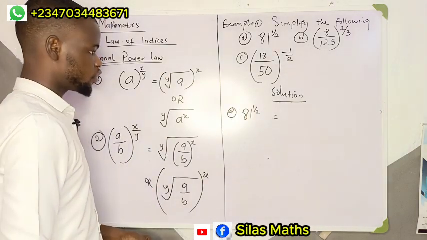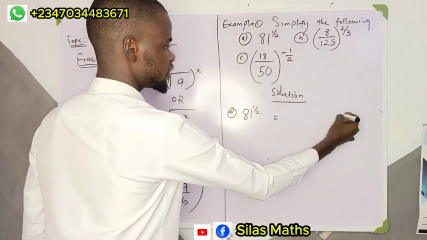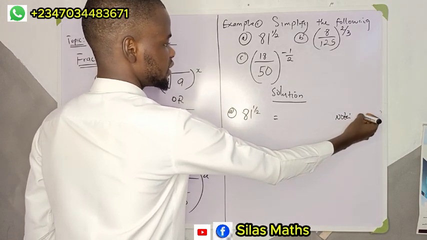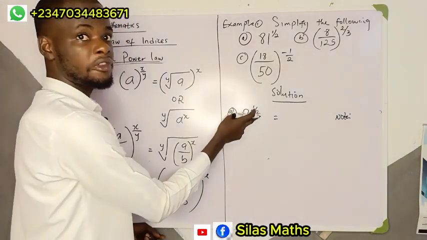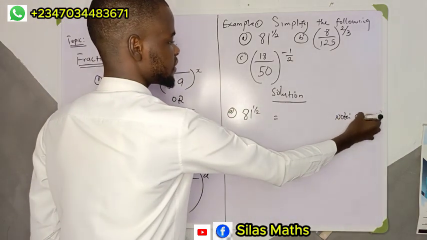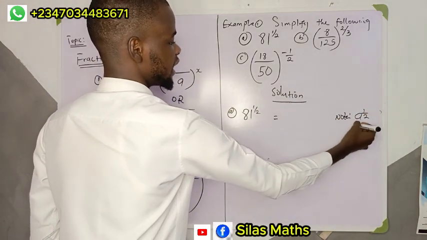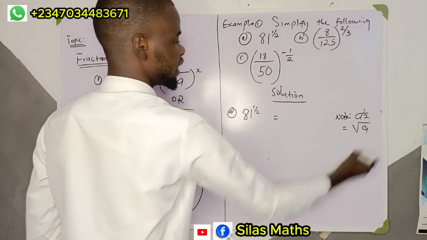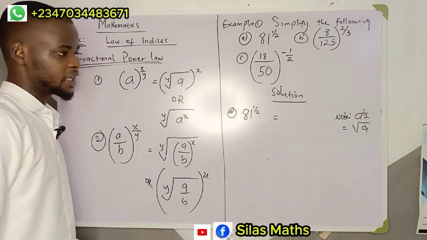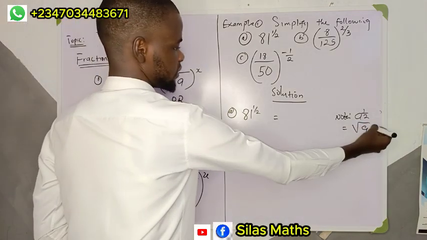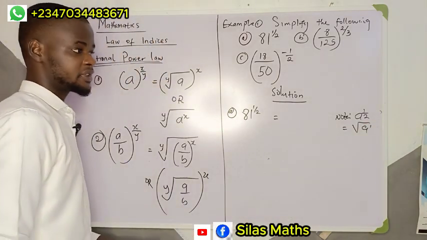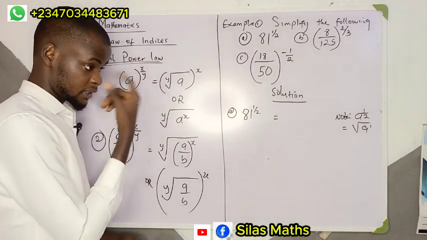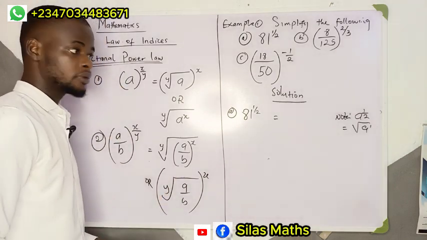We need to note that whenever we have a number to the power of half, that is the same thing as the square root of a. Since the power is 1, we'll just put 1. If it is raised to the power of 1 over 3, it becomes the cube root.